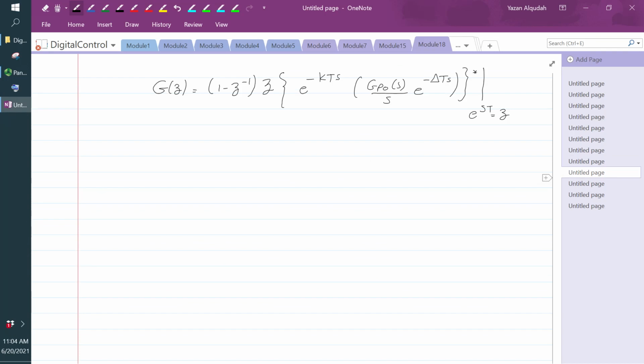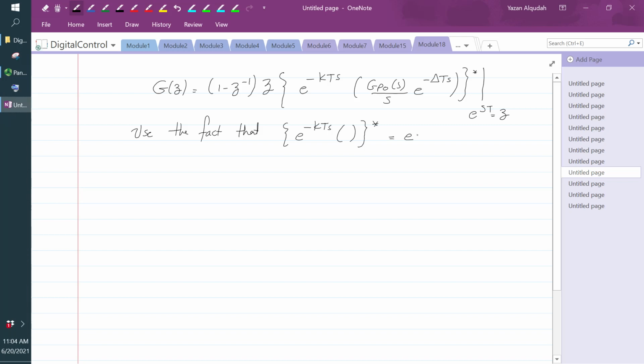Okay, now we use the fact that if I have e to negative K multiplied by S star, what is this equal to? I can take e to negative K T S outside.